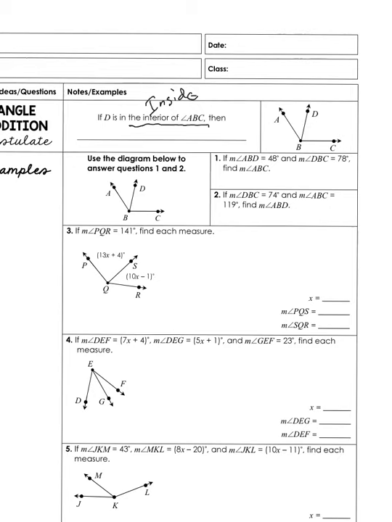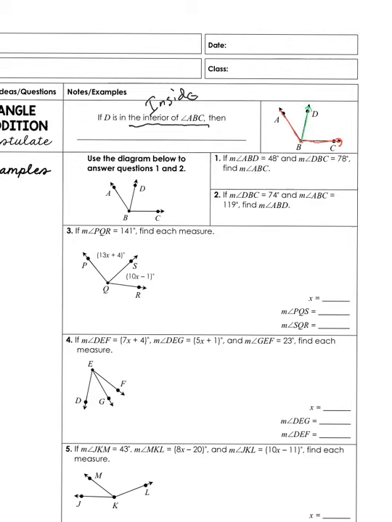The sides of the angle, your vertex is B, are ray BA and ray BC. So if D is on the interior, that means that ray BD breaks this angle up into two separate angles.